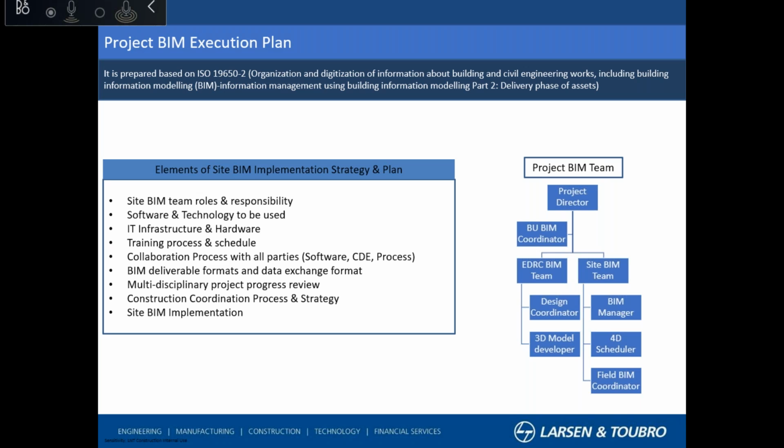The roles and responsibilities, site BIM teams' training requirements, which software, hardware, and process driven things are to be decided in these documents. Then IT infrastructure, the same collaboration process, multidisciplinary project progress review meetings, how that will happen, how we will discuss this with the client. Everything is predefined in this document with the site BIM implementation plan.